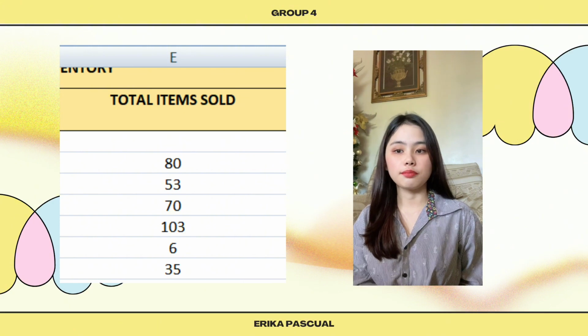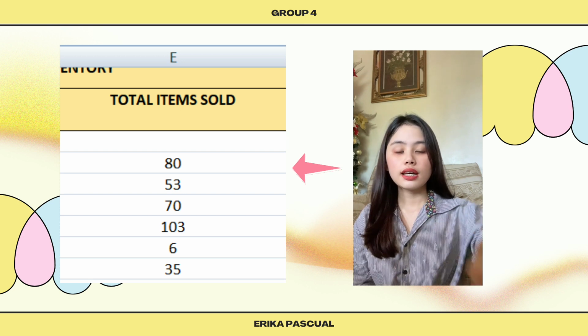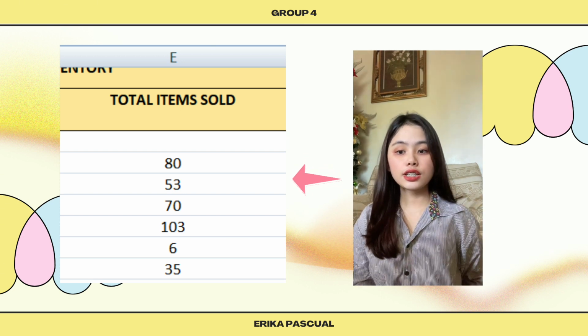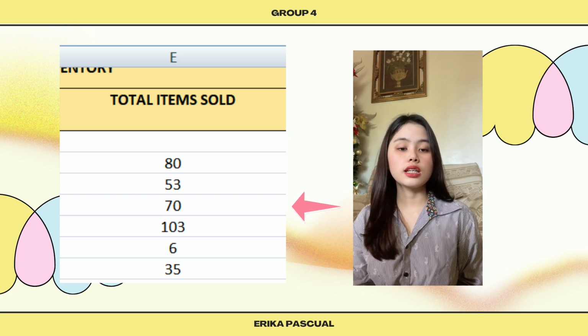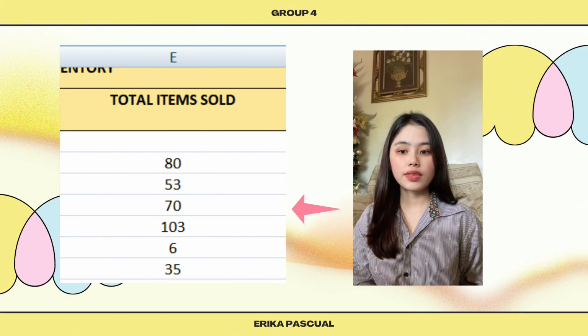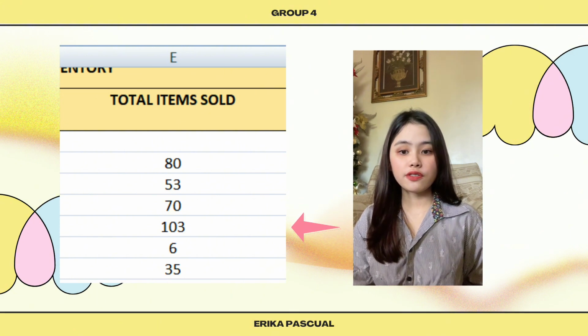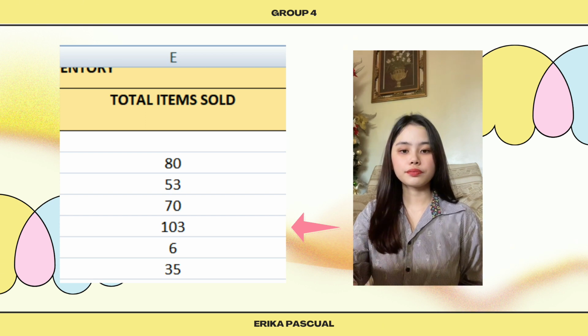This is followed by the items sold in column E. Let's list them one by one. The first is a Versace bag, which has sold 80 units. The second is the Nike shoes, which have sold 53 units. The third is the Louis Vuitton bag, which has sold 70 units. The fourth is the Versace perfume, which has sold 103 units.